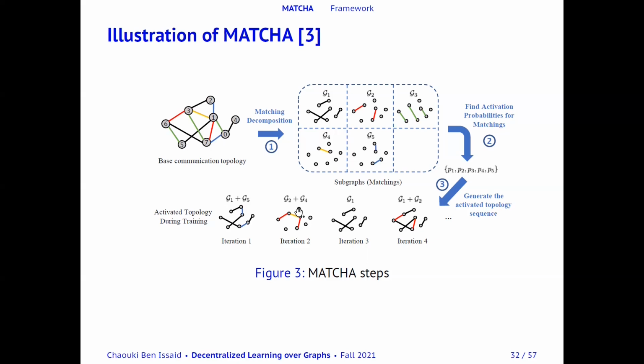Then G2 and G4 are activated in the second iteration. Only G1 is activated in the third iteration. And finally, G1 and G2 are activated in the fourth iteration. And this process continues at every iteration until convergence.